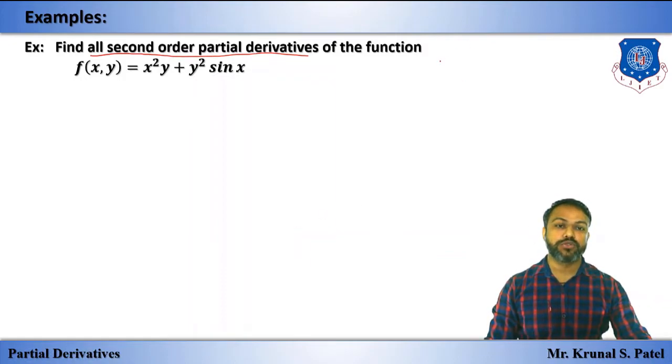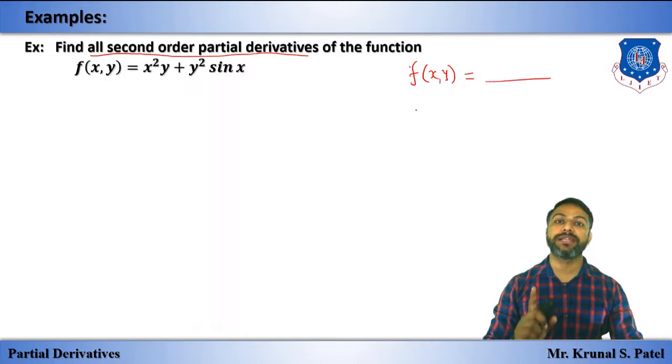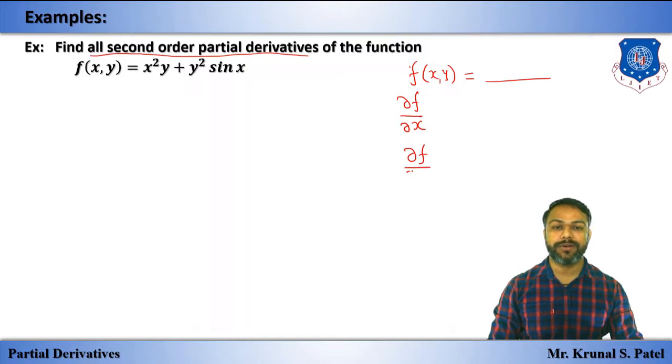So if we have any function f of x comma y, like given in the question, first we will find the first order derivatives. That means del f by del x with respect to x and del f by del y with respect to y. These are the first order partial derivatives.